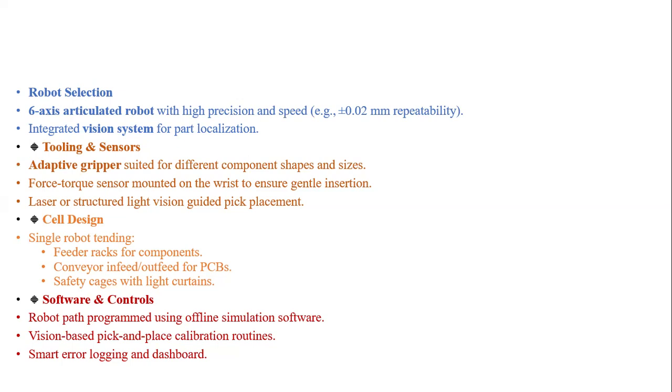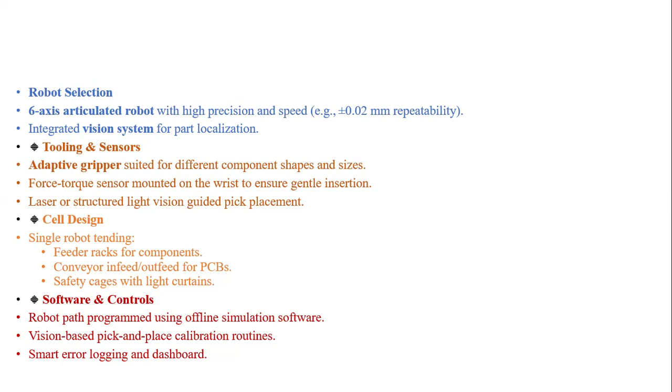And special type of force torque sensors that are mounted in order to check the part insertion during the assembly. And regarding the cell design, the automated conveyor for feeding the part, and pallet racking system.